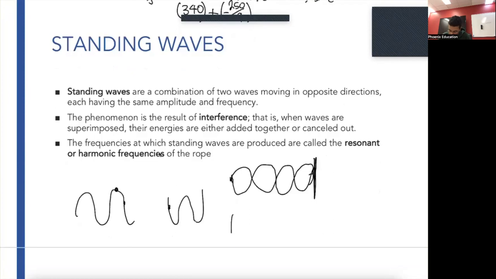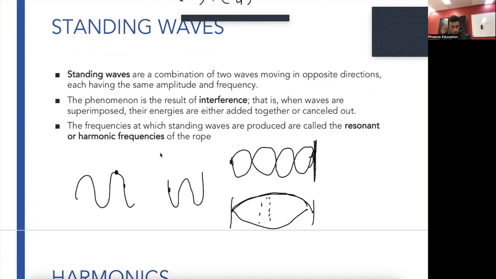And what a standing wave will look like is something like this. So it oscillates back and forth in this similar motion. So it's oscillating down, and will look something like that, oscillating back up, it will look like the top one, okay? And you need a certain type of frequency to form a standing wave. So you can't just do it at any frequency. You need a discrete frequency to form a standing wave, okay? And we'll look into more of that later.